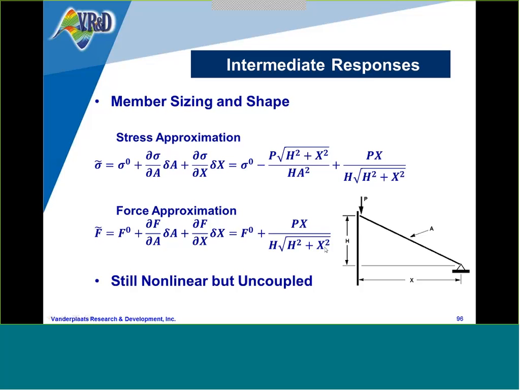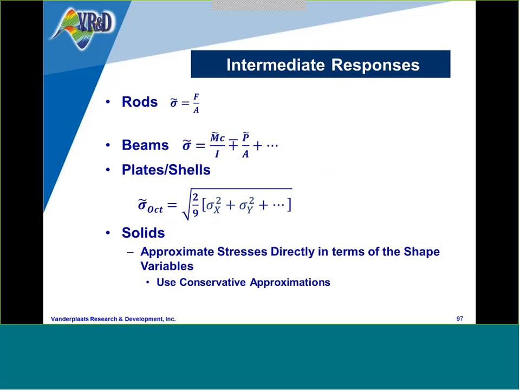We have X down here, but if you look at this, the X's kind of cancel. And well, it's nonlinear, it's much less nonlinear, and it's uncoupled. The area is no longer here. Again, it's statically determinate. This made a dramatic improvement for configuration optimization in addition to sizing and shape.